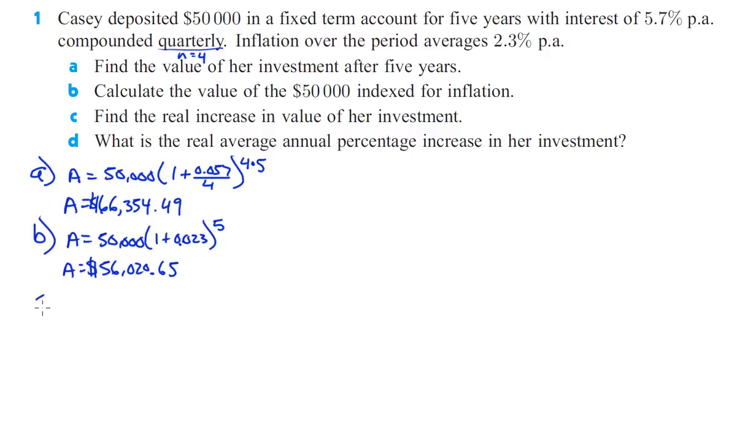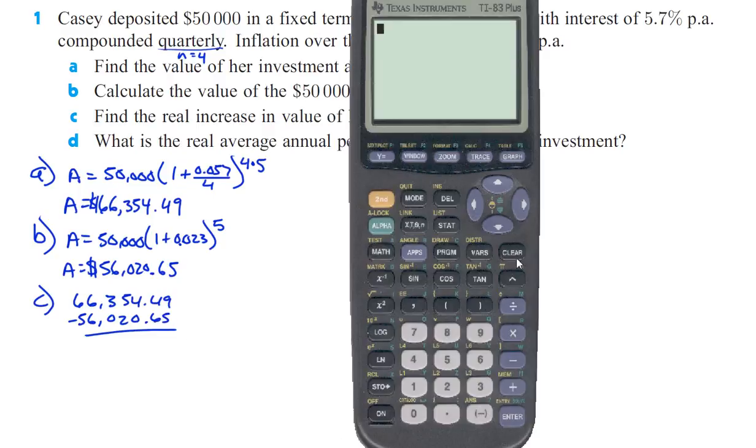Okay, find the real increase in value of her investment. Really, that means she's only actually gaining this: we take our 66,354.49 and subtract our 56,020.65.